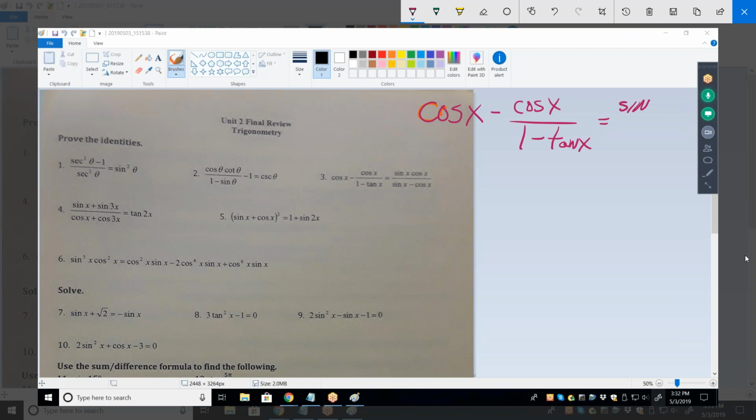Well, most of this is already in sine and cosine, right? So that's almost certainly the way we want to go here. The only thing that's not in sine and cosine is the tangent of x. So what is the identity that takes it into sine and cosine?